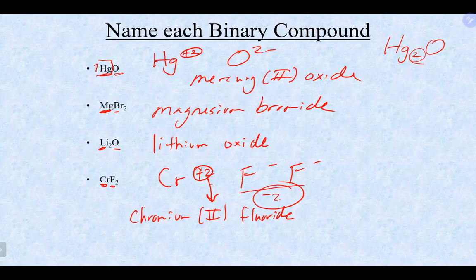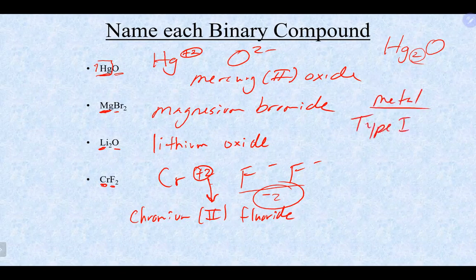So type 1, it's all about the metal. So whenever a metal's there, that's the most important thing to look at. And if it is type 1 on the periodic table, it'll be in group 1, 2, or 3, like aluminum, or it'll be zinc, cadmium, or silver. So those guys pretty much have fixed charges.